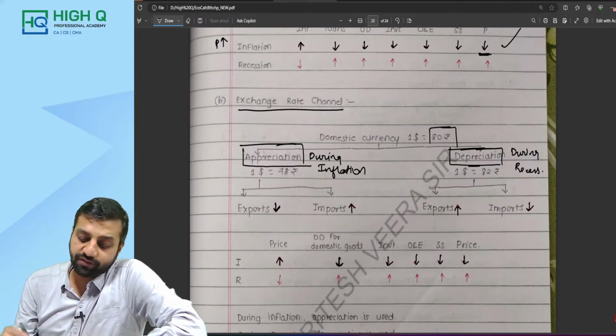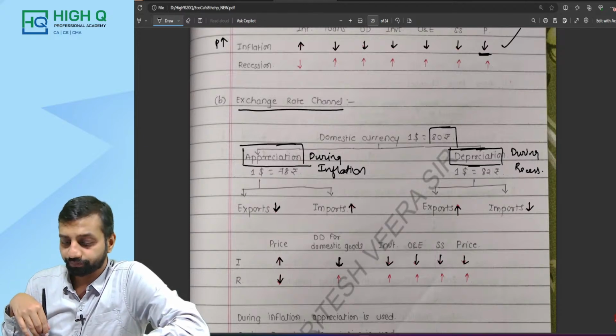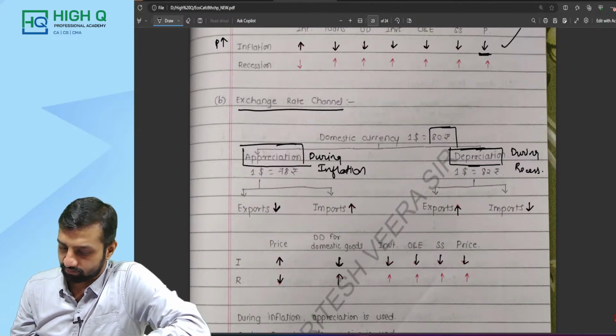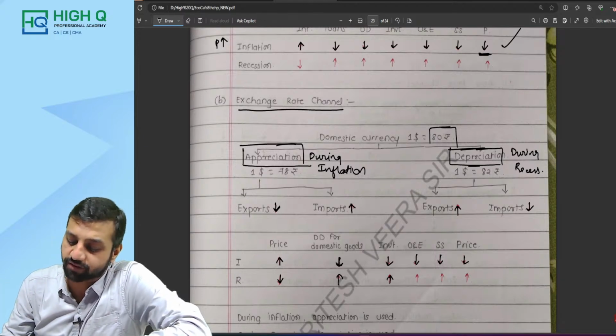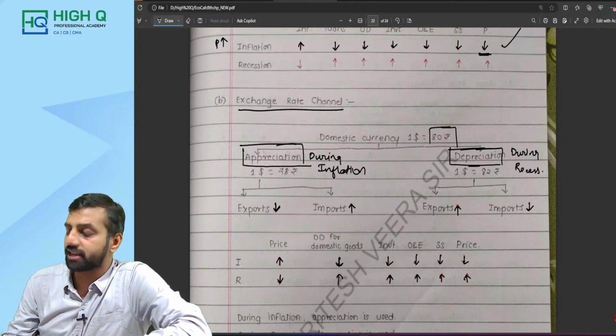So if there is recession, domestic price level is lower. Demand for domestic goods will increase. If we start reducing imports and increasing exports, investment will rise, output and employment will rise, supply will rise, and the price will also rise.